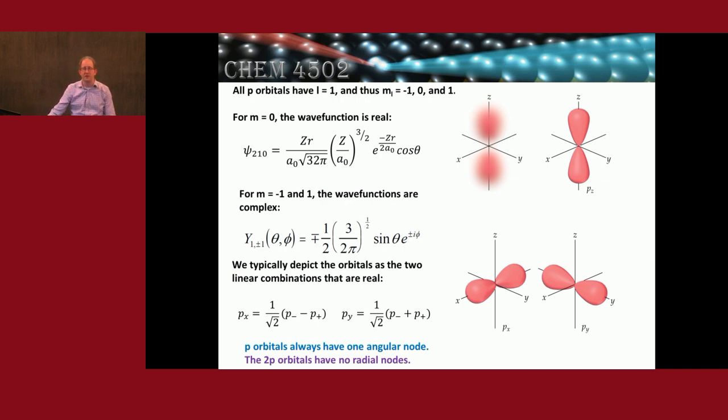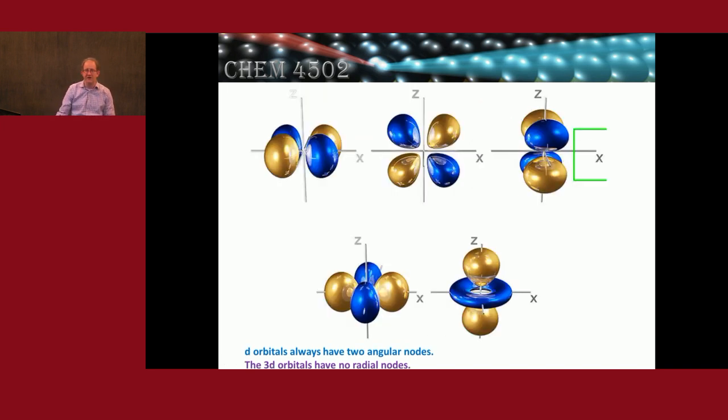If we go to the d orbitals, we're going to again get complex wave functions that are going to be e to the i 2 phi, e to the i phi, e to the 0, e to the minus i phi, and e to the minus 2i phi. But if we take linear combinations of those, we can get the d orbitals that point along specific axes that you're familiar with.